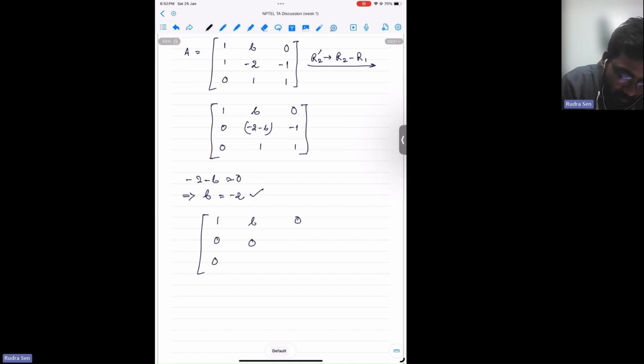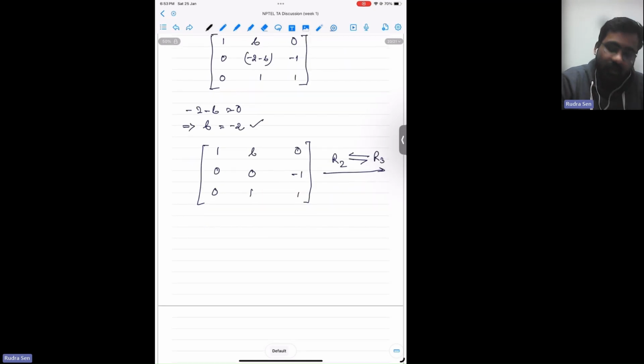1, b, 0; 0, 0, minus 1; 0, 1, 1. Now we do not need any scalar multiplication, addition or subtraction. We can simply exchange row 2 and row 3.